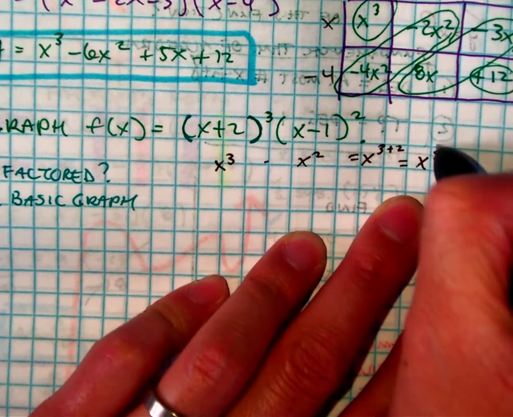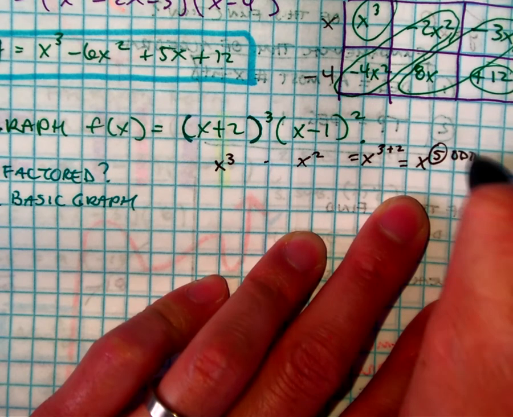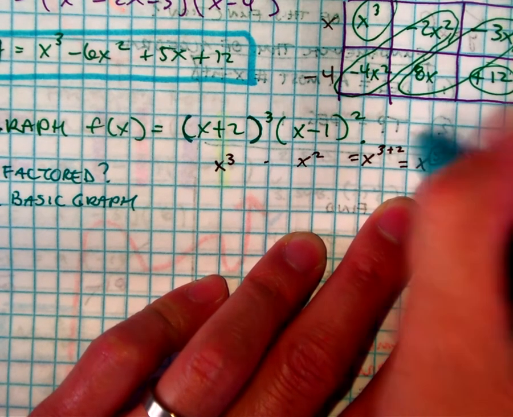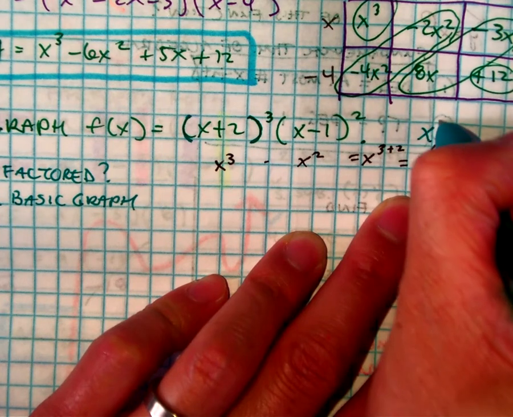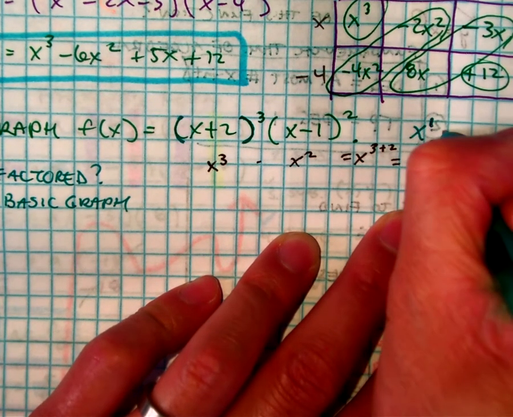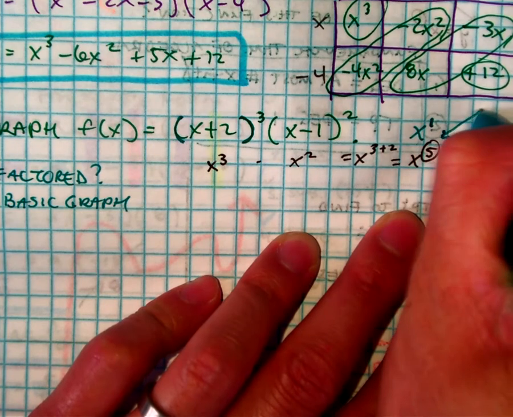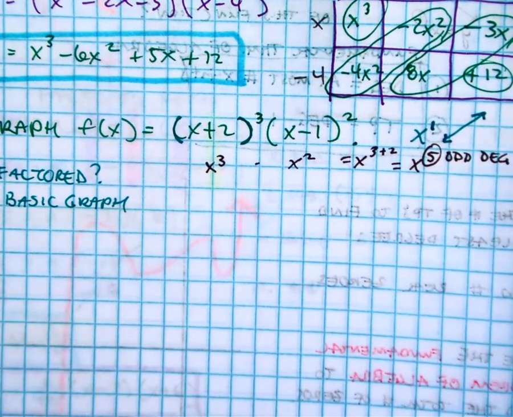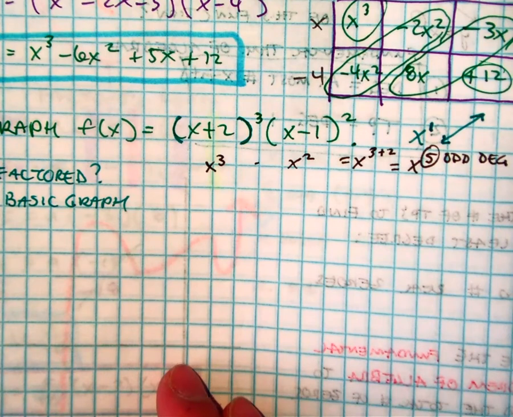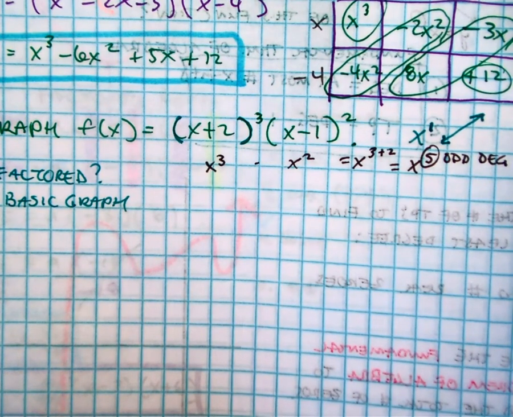Well, this is an odd degree. The easiest odd degree function that we know is x to the 1st. If you draw yourself a visual of x to the 1st, it starts down and ends up. So basically what I'm doing is giving you strategies to be able to graph a polynomial without your graphing calculator.